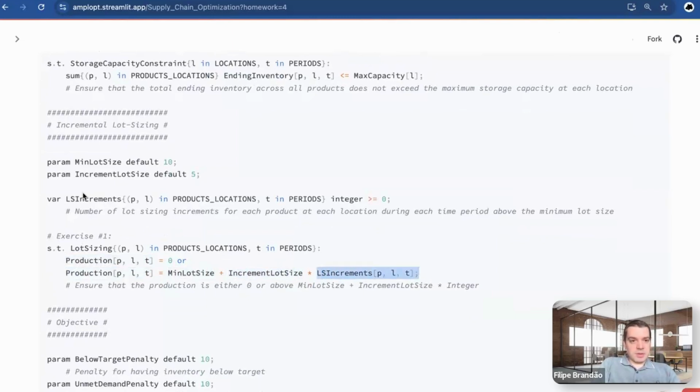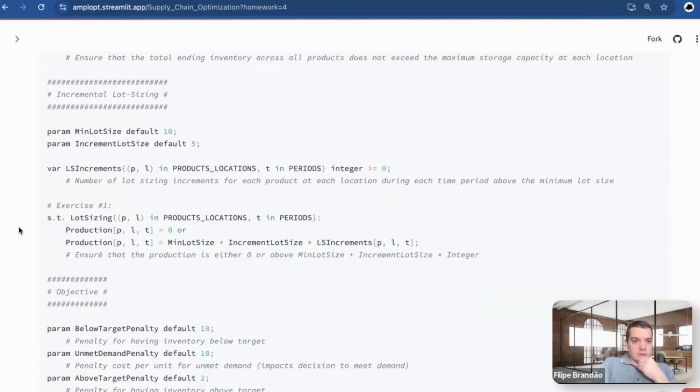This is an integer variable that is going to be how many increments above the minimum lot size you want to have there. So 0 or more increments of, in this case, defaulting to 5. So you either produce 10 or 15, 20, 25, and so on. And this is using logic.